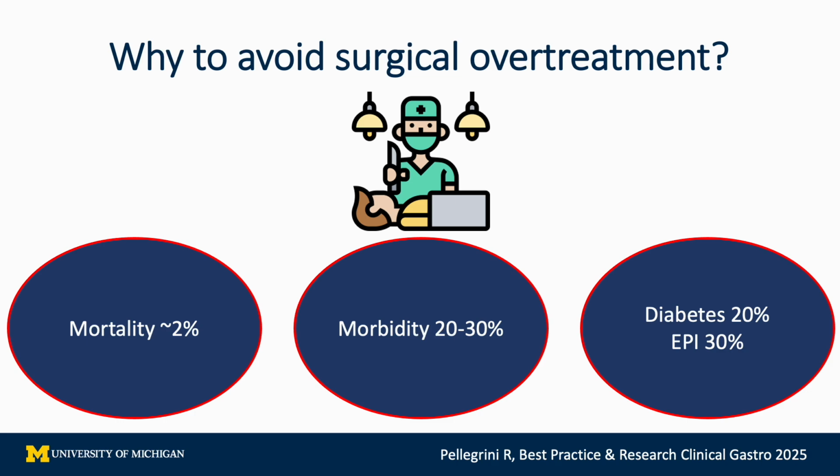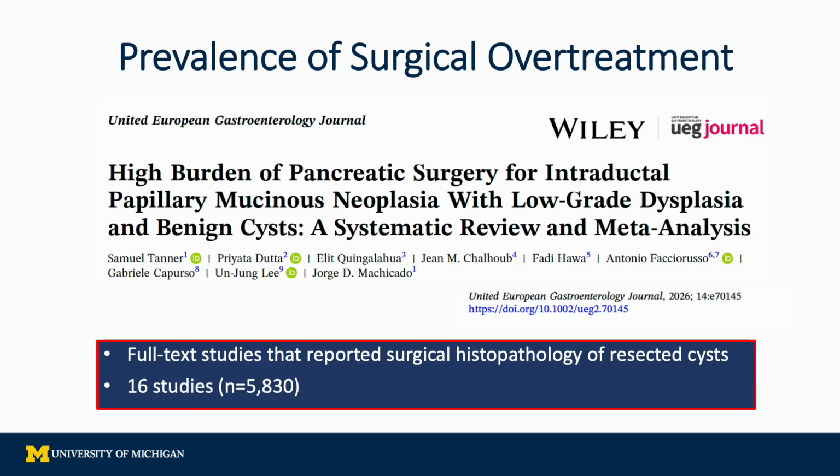But how common is this problem? And to answer this question, we conducted a systematic review and meta-analysis that was recently published in the UEG journal a few months ago. And this included 16 studies of over 5,000 patients that had reported surgical resection and respective surgical histopathology on pancreatic cysts.